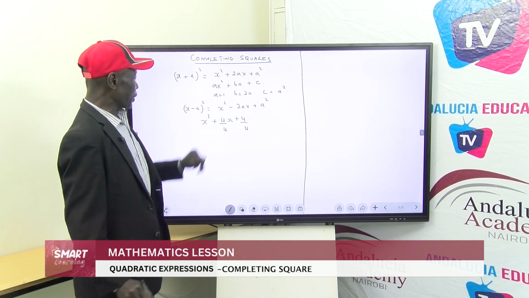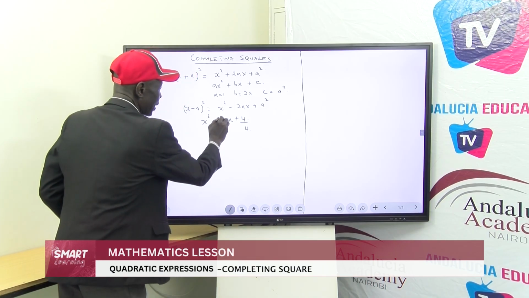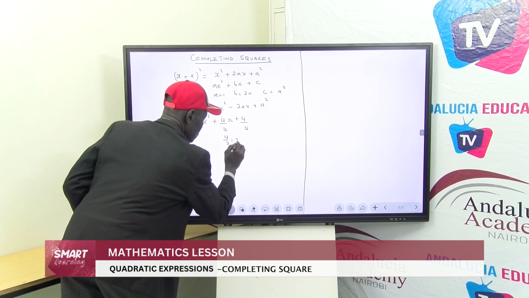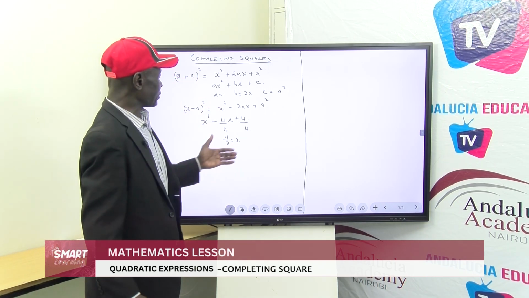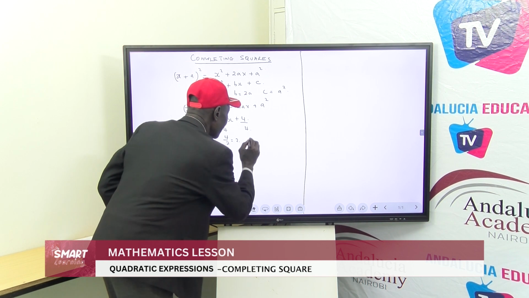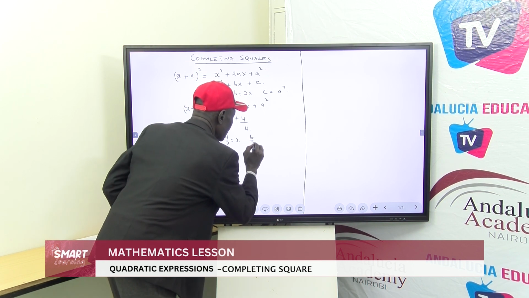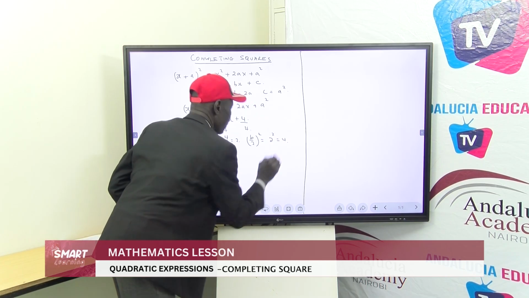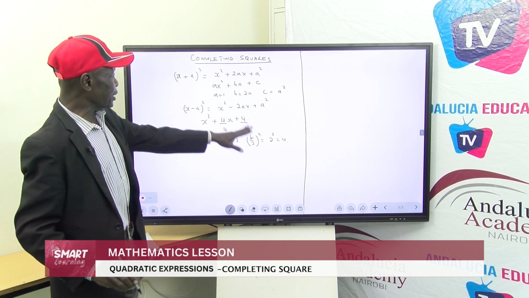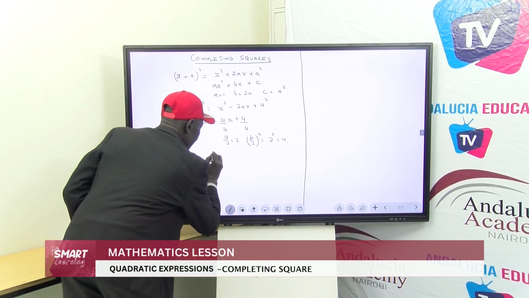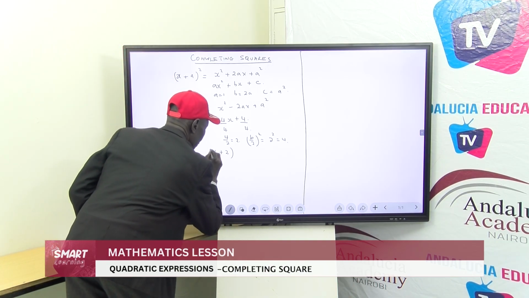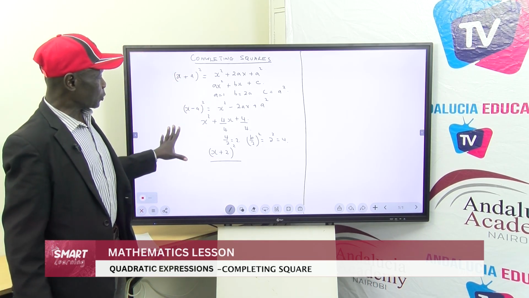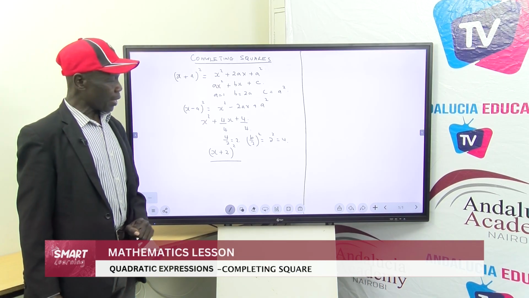So, in order to get the factor here, I divide my b by 2. So, 4 divided by 2 is going to be equal to 2. And then to get my c, it will be b over 2 squared, which is 2 squared, which is 4. So in this case, I can write this one as a perfect square, which will be x plus 2 squared. So in this case, I have an expression of a perfect square.